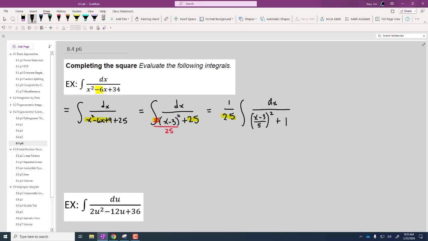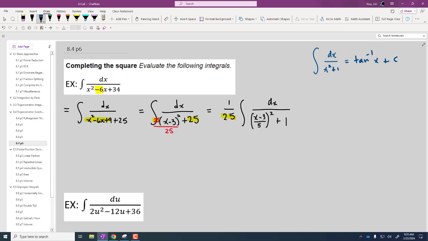Exactly, that's the shortcut. It's already in inverse tangent form. Remember that our basic inverse tangent is that the integral of dx over x squared plus 1 is arctangent of x plus c. So that's already in that form, so we could immediately write down the antiderivative in conjunction with reverse chain rule.